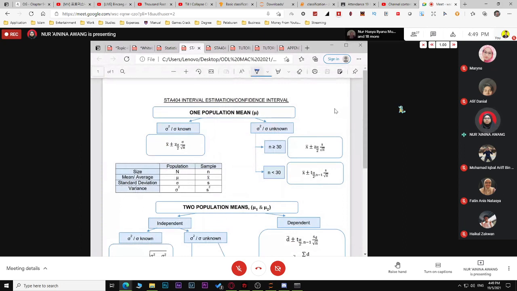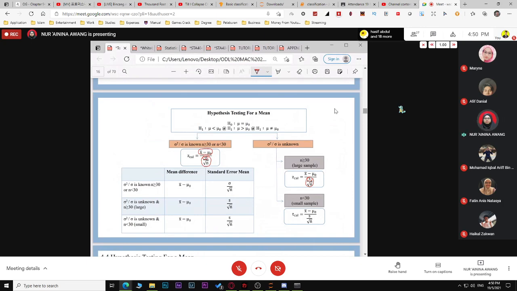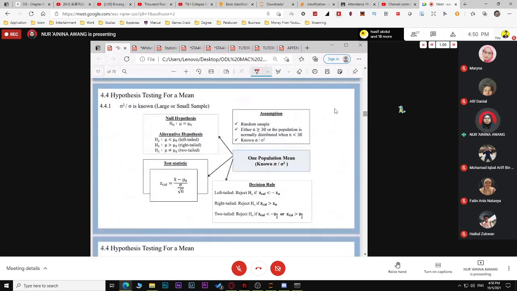So for this one, this is your margin of error, and this is your standard error mean. Okay, but in this case, now we have the difference, the mean difference, and this is your standard error mean. Okay, the position is different. So we look at the first case, which is where the variance or standard deviation for the population is known. Okay, so it doesn't matter whether your n is big or small.